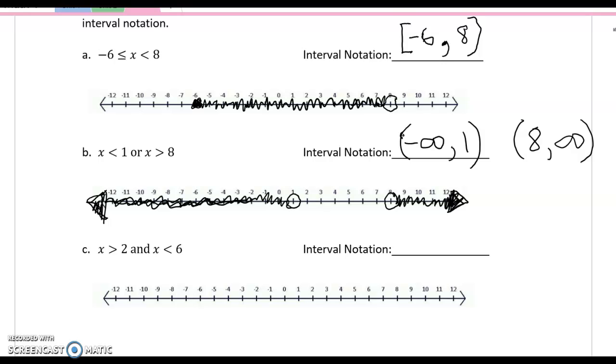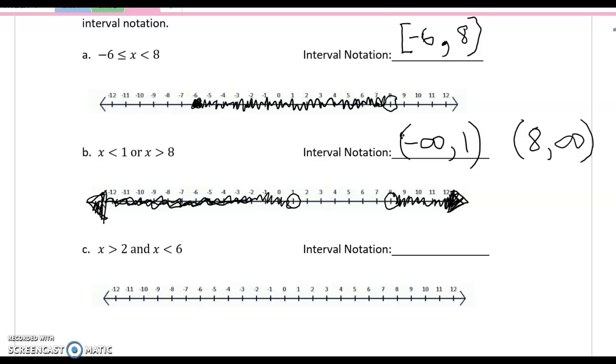So you see for this particular compound "or" situation with a split graph, you have to write an interval notation that is split into two separate ones. Unlike part A, where we only had to write one, for this compound "or" we have to write two separate ones.